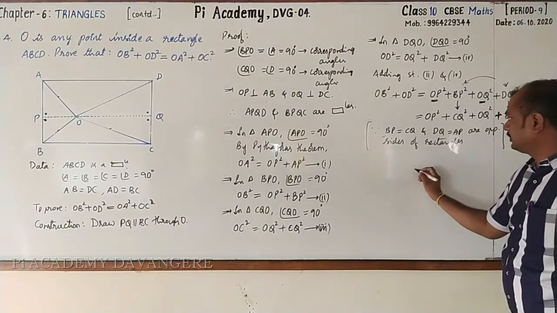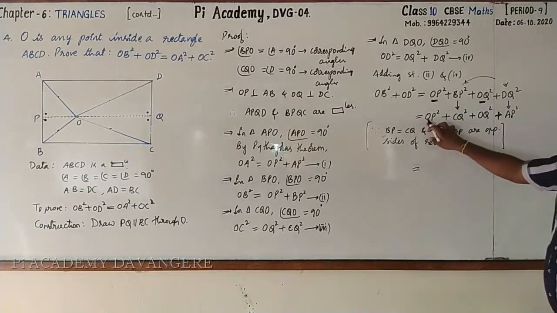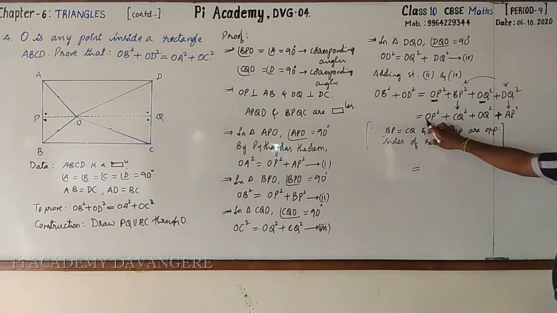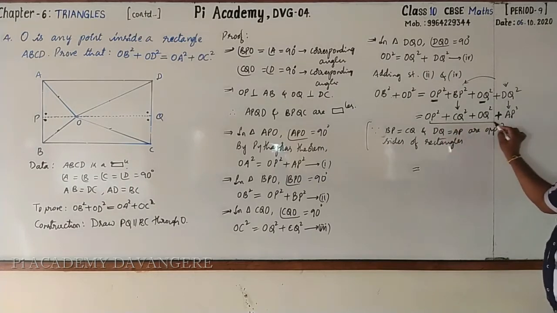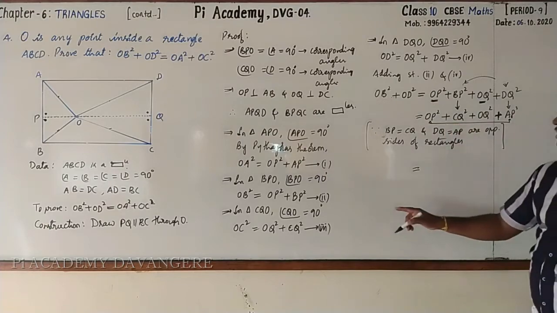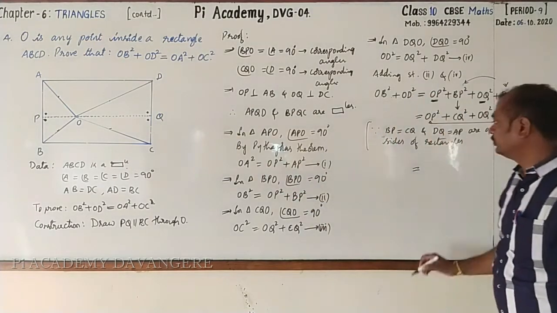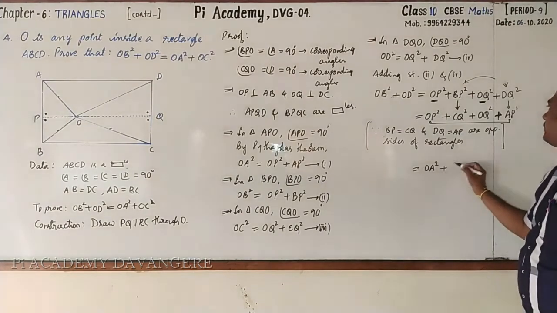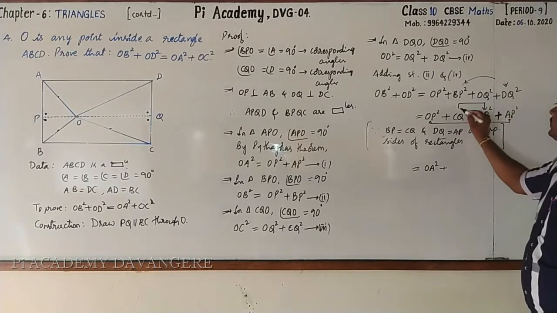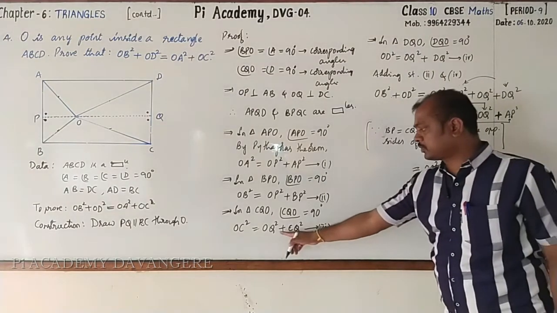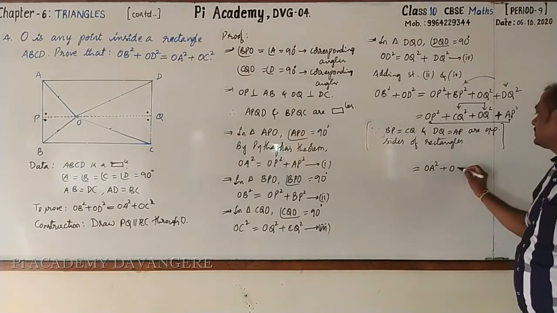Let me continue here. This is equal to, what is OP square, and see that OP square as it is, we have CQ square plus OQ square plus AP square. I'll take OP square plus AP square. What is that? It is OA square. Plus, next, observe here, CQ square plus OQ square is OC square.